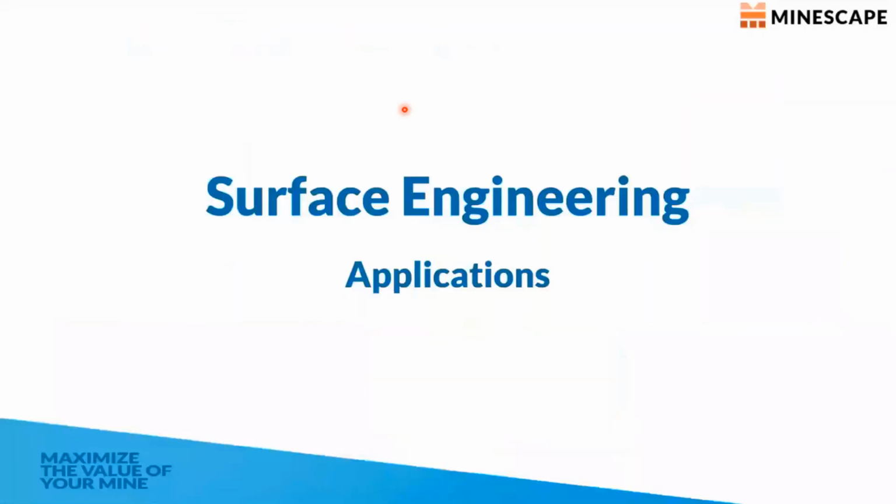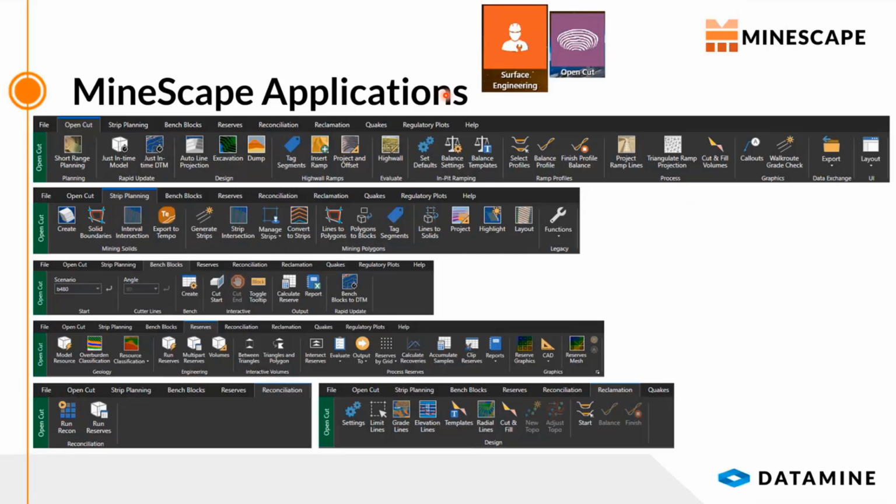I thought I'd talk a little bit about the surface engineering applications. I know we might have some geologists on this webinar, and sorry, we are doing some nice geology work anyway for the future. But surface engineering, as you can see in this slide, is pretty busy. These are just 4 of the 6 tabs out of 9.